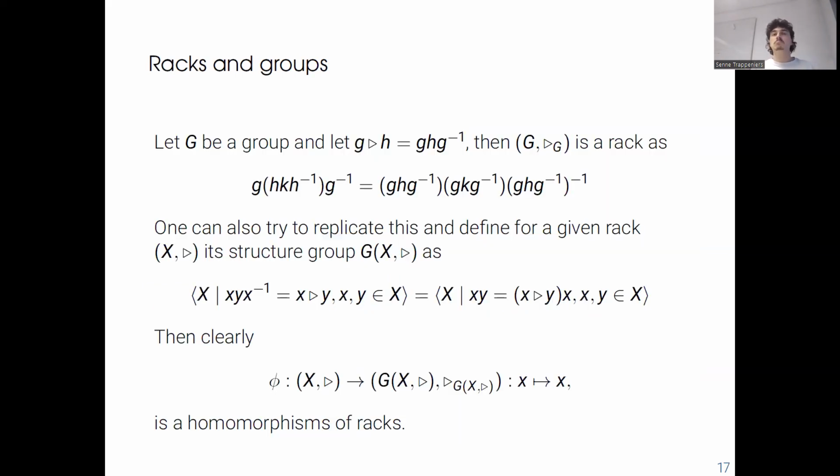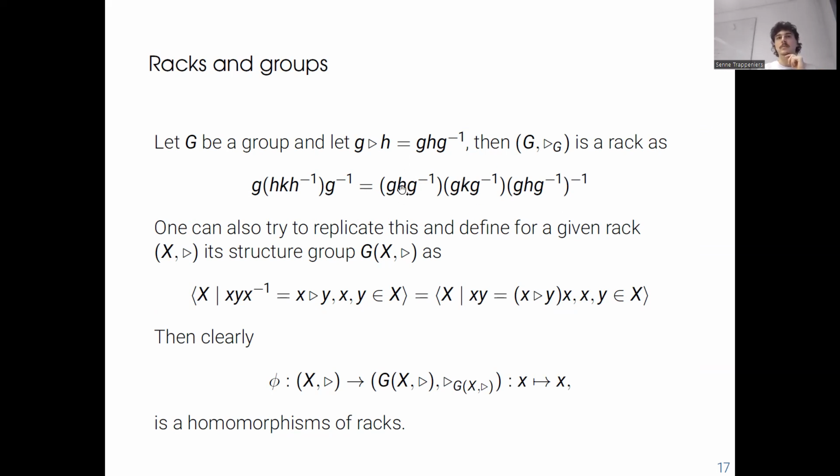One of the most natural ways to construct a rack is starting from a group. If we start with a group G, and let our operation be given by conjugation, then we obtain a rack. Here this is H acting on K by G, and you see that this is precisely the right-hand side.